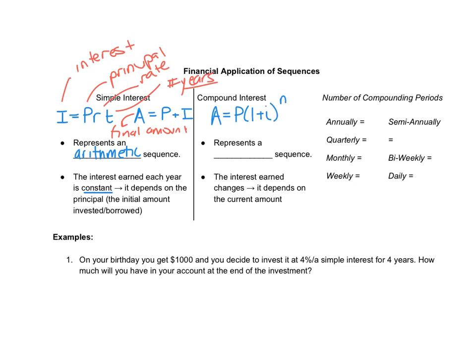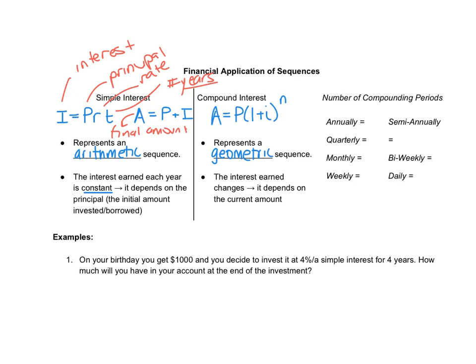And notice I'm not using R and T anymore because there are different types of compounding periods. And I'll look at that in a minute. But before we do that, I just want to make a note that this represents a geometric sequence because of that common ratio, which means that the interest earned will change each year or in each compounding period.